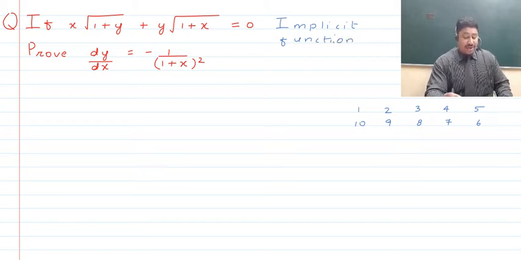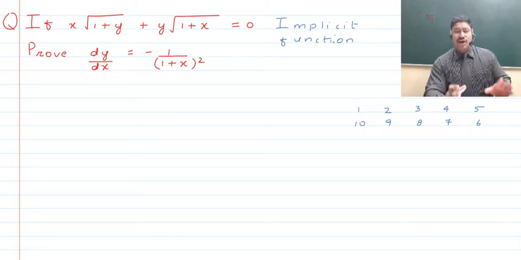As such, you can't make the dependent variable the subject of the equation, as you normally have in simple equations, where you get y to be equal to some function in x, like x squared plus 3x plus 4, or probably x plus sin x, as you had in the last case. So this is a case where you won't be able to separate x and y, or in other words you won't be able to make y the subject of the equation, right?